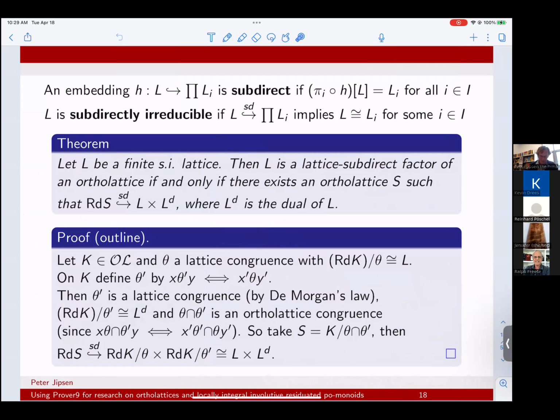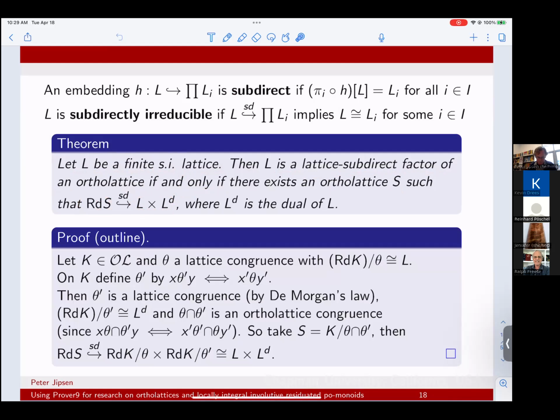And so the theorem that we came up with is that if L is a finite subdirectly reducible lattice, then L is a lattice subdirect factor of an ortholattice if and only if there exists an ortholattice S which has a reduct that subdirectly embeds into L cross L dual. So L itself doesn't have to be self-dual, but L cross L dual will always be self-dual and could potentially have this subdirect embedding into it.